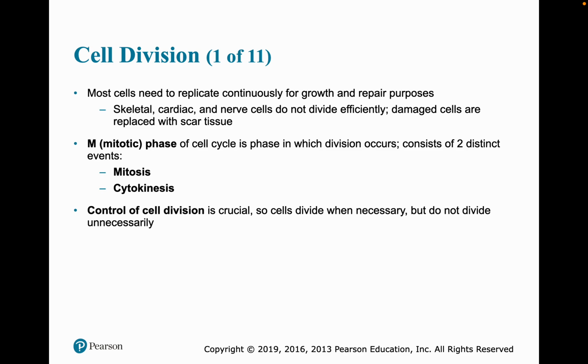And in those tissues, we generally get scar tissue replacing the actual damaged cells. The mitotic phase is where division occurs, including mitosis and cytokinesis, and control of cell division is very critical. If we get uncontrolled growth, we get cancers.